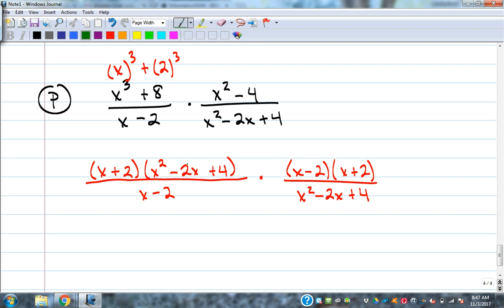So canceling things that cancel. That and that. What else? That x minus 2 cancels that x minus 2. Do these x plus 2s cancel each other? No, they're side to side. They're horizontal, so they can't cancel. So it's x plus 2 times x plus 2.